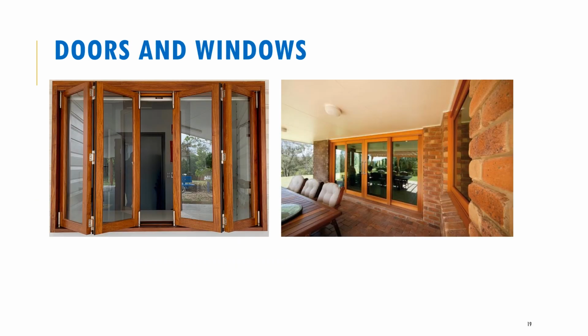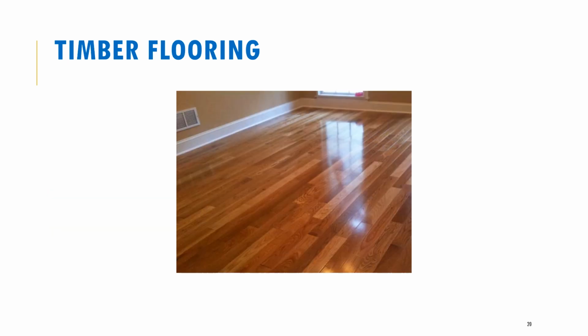Doors and windows, you see examples of a lot of these in the industry. Timber flooring, of course, again, as I said, interior designers prefer it as it gives an extravagant view to the indoors of the building.